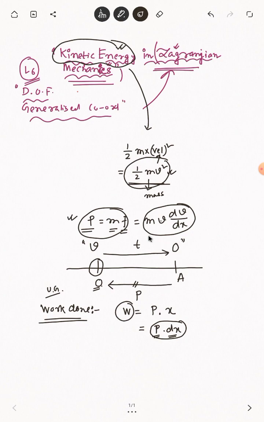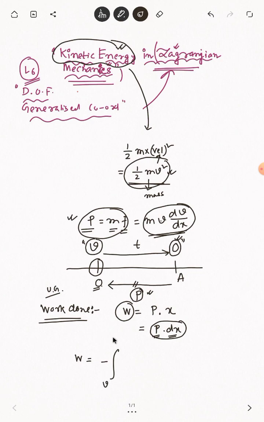Now if P is this one, then since the particle is starting with velocity v and after some time its velocity becomes 0, we have some work done by that opposite force, that is the force against which it is diminishing its velocity. That is work done W, that is equal to, say in this period velocity goes from v to 0, so due to negative force we take negative sign, so what will be the result?